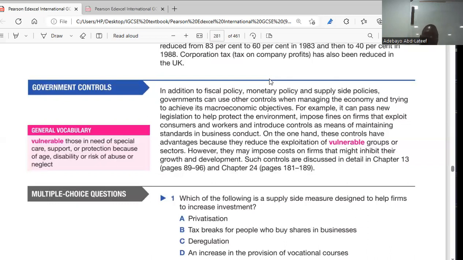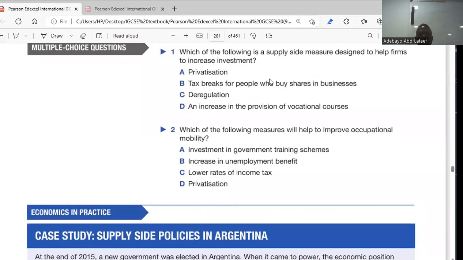If government doesn't use all these policies, consumers become vulnerable. That is the point they're making. So we become vulnerable to businesses. Employees become vulnerable to employers. So in these ways, government will be able to protect consumers, be able to protect employees from the hands of the capitalist. Is it clear? Any question about that?